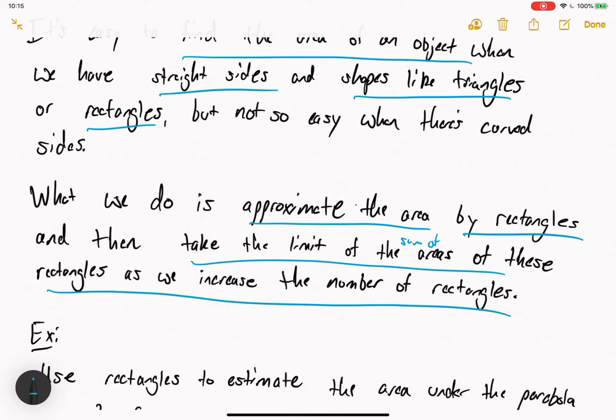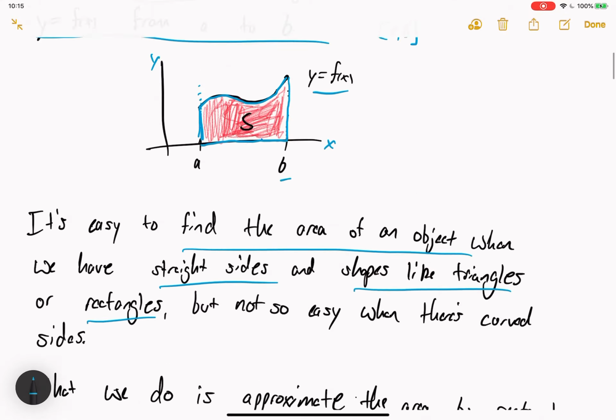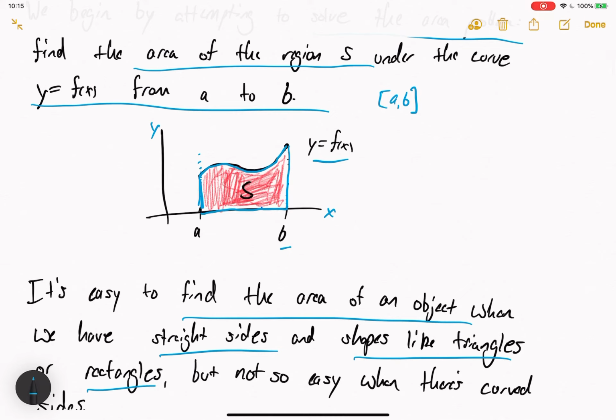I think that seems a bit weird, but basically, if we look at this region S, say this is a rectangle with some height, another rectangle with this height, another rectangle right here, and we could just keep on building these rectangles.